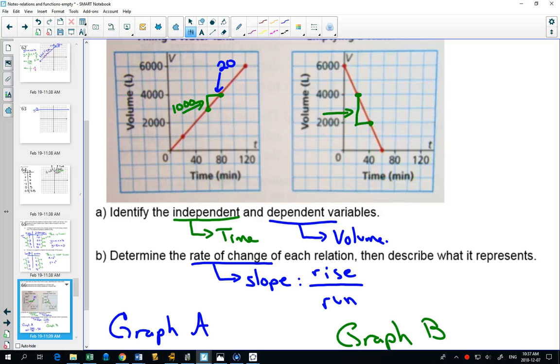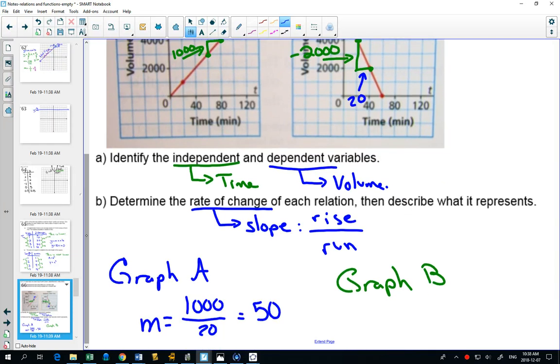What's that change? Negative 2,000. What's my run? From 20 to 40, it's still increasing. My run is still increasing, so that would be positive. And we find that slopes of lines that go down like this from left to right are negative.